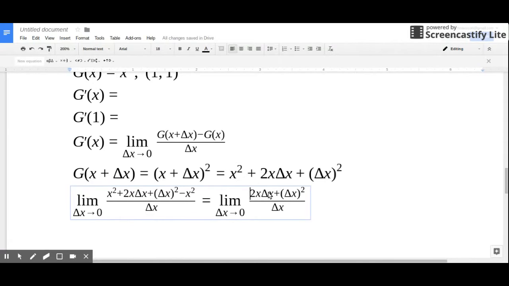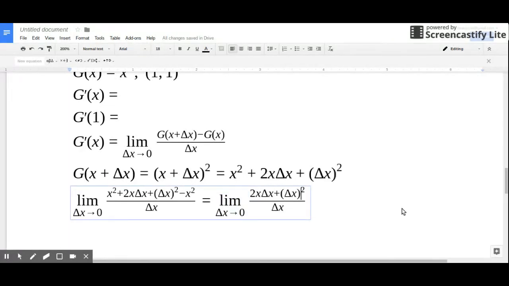Now I want you to look at this. We have a delta x here and 2x delta x here, and we have a delta x down here. So we're going to be able to cancel one out up here and one out right here. So let's write this out again.